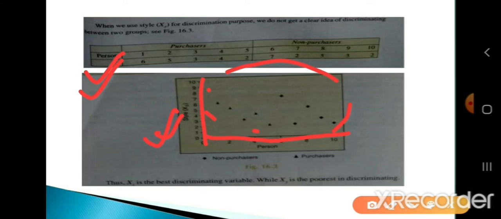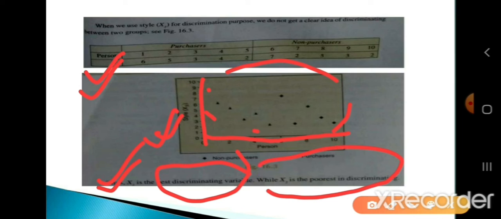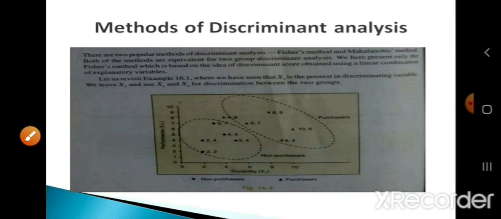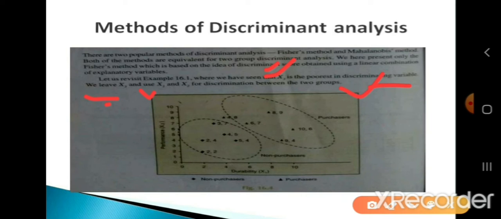So based on the three observations, we can say that x1 was the best discriminating variable, and x3 is the poorest discriminating variable. So now we can remove the x3 variable as it is the poorest discriminating variable. We will use only x1 and x2 for discrimination between the two groups.